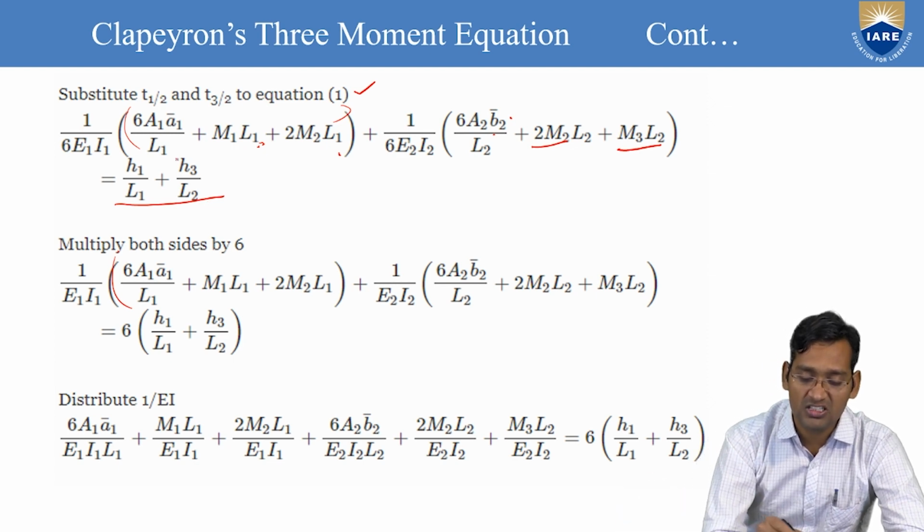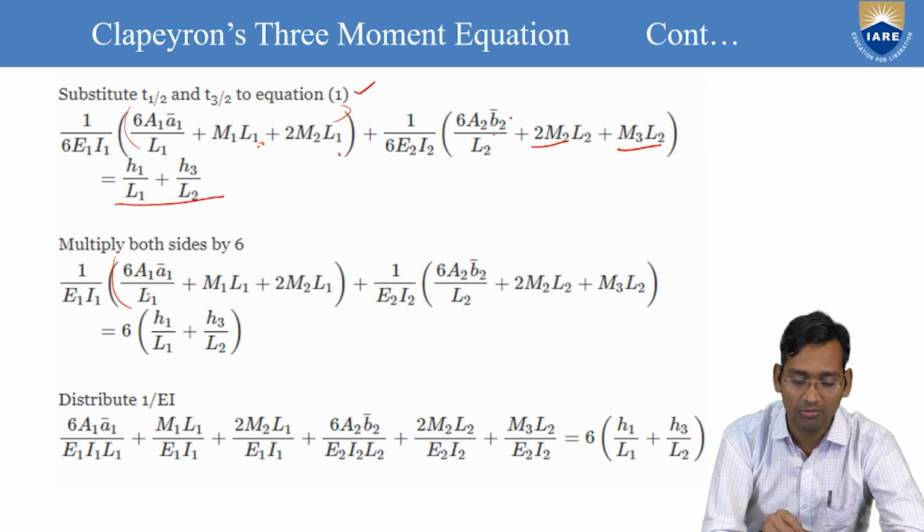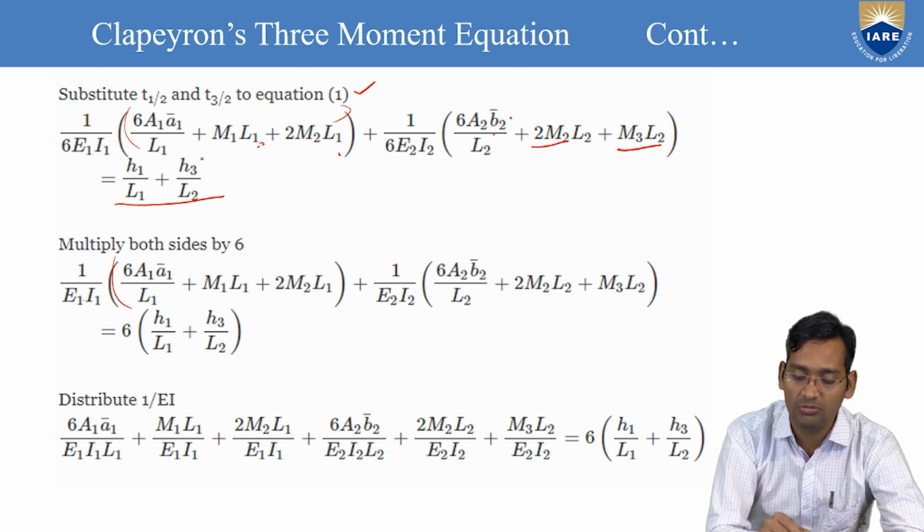So now, just for simplifying even further, multiply both sides by 6. So after multiplying, what you will get? 1 by E I, because this 6 will get cancelled after multiplying. So here simply 1 by E1 I1 into 6, this whole thing will be same up to this step. Only with this step 6 will get multiplied.